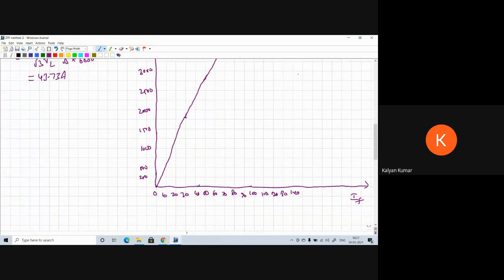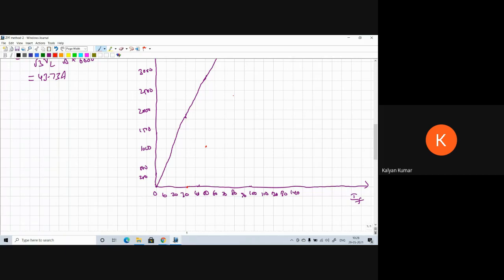Next, ZPFC. For ZPFC, for 32 it is 0. So here it is 0. Next for 50 it is 2830. Sorry, 1068. 1070 somewhere here.